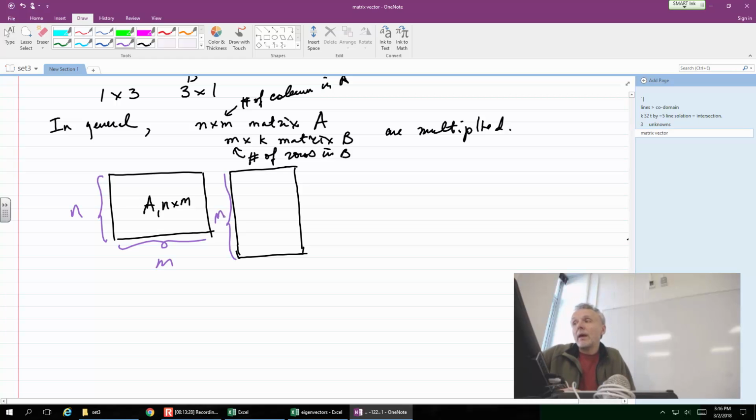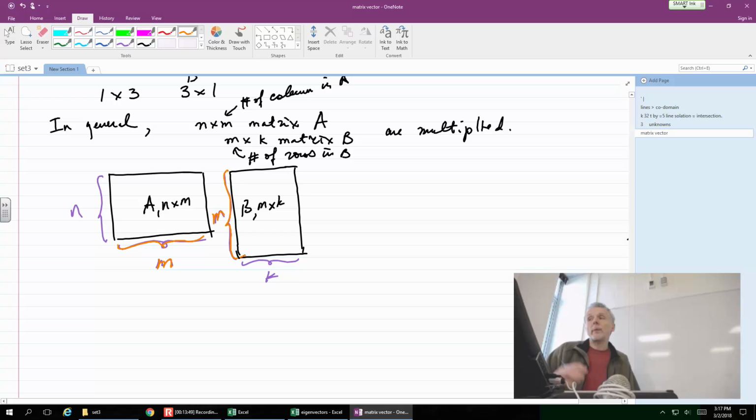For matrix B, it is the number of rows. So this is my B, m by k, and this is k. The point being that these are the two dimensions that are important, in the sense that they have to match. The other two do not.